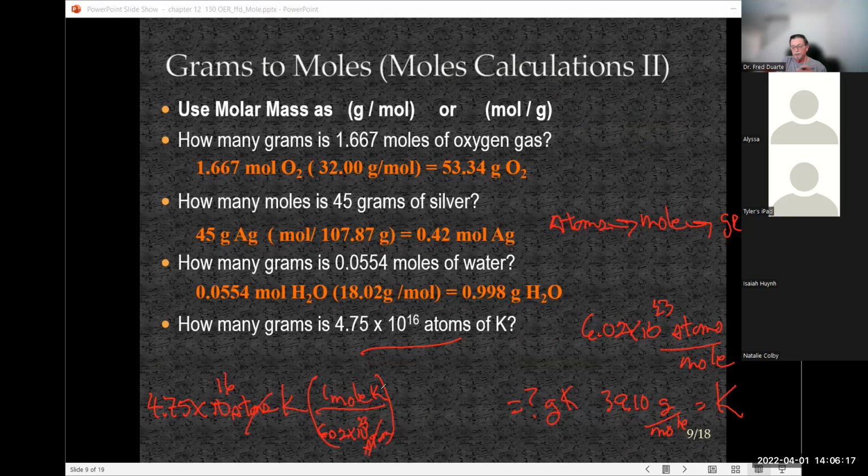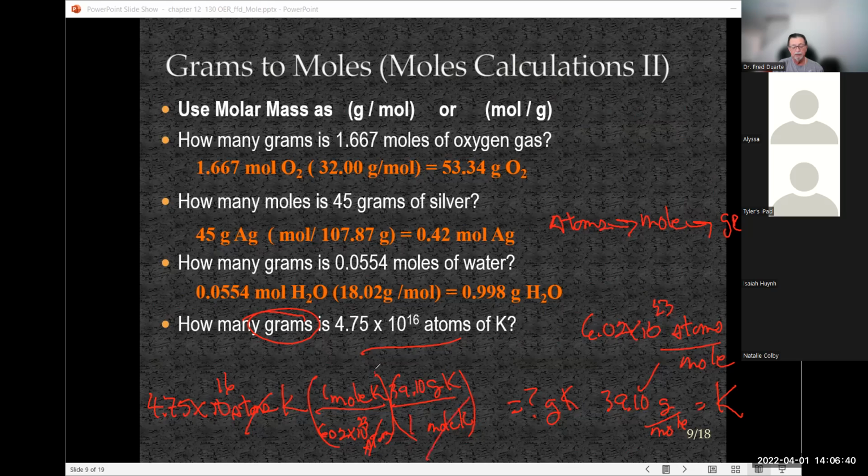Which would be great if that's what the question asked for. But no, the question asked for grams of potassium. So that means I need one more conversion factor. I got to get rid of moles of potassium, but I want grams of potassium. Grams over mole is the molar mass. So that's 39.10 for 1 mole.